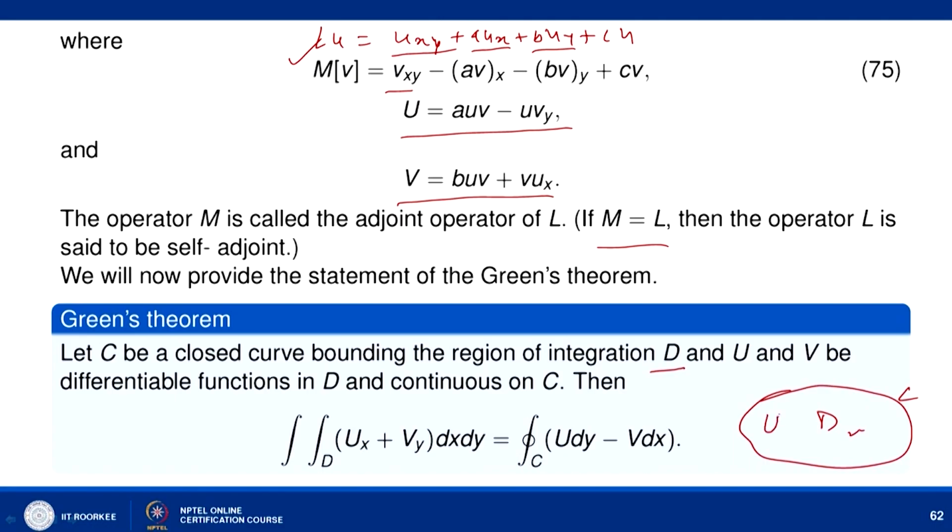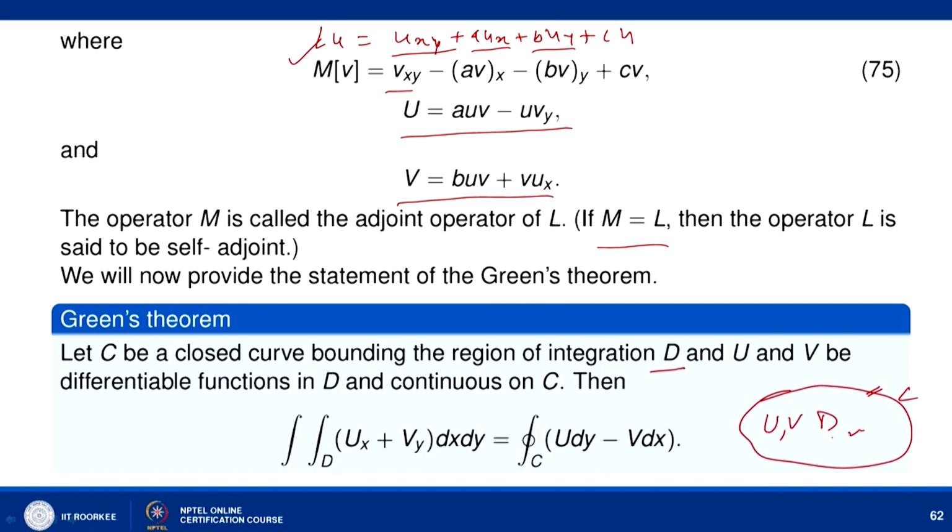So U and V are some functions which are differentiable inside, and on the boundary they are continuous. So how does this double integration, which is done inside your region, get converted to the integration on the boundary?